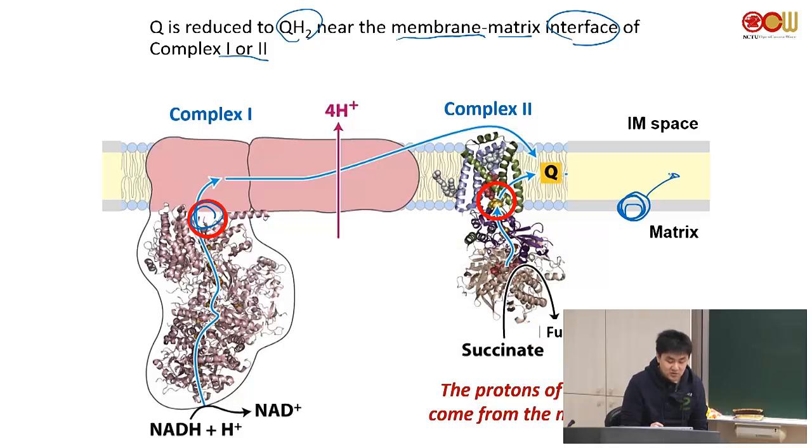You have no protons in the membrane. You can't have H+ floating around in the membrane, because it's hydrophobic. So Q is getting reduced around the membrane matrix interface so that it can grab 2 protons from the matrix to become QH2.